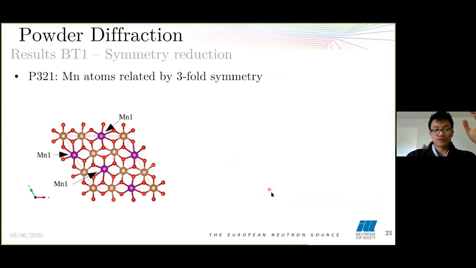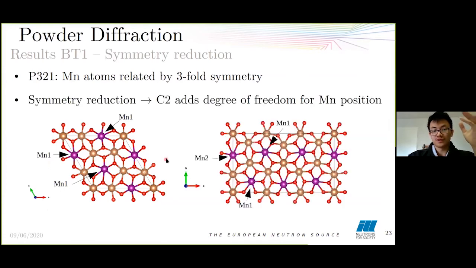For now, the refinement was done using the P321 space group symmetry. In this case, the manganese atoms are related by threefold symmetry, so we are only refining the positions of one atom. We can try to reduce the symmetry, for example, to the C2 space group, which is a subgroup of P321.